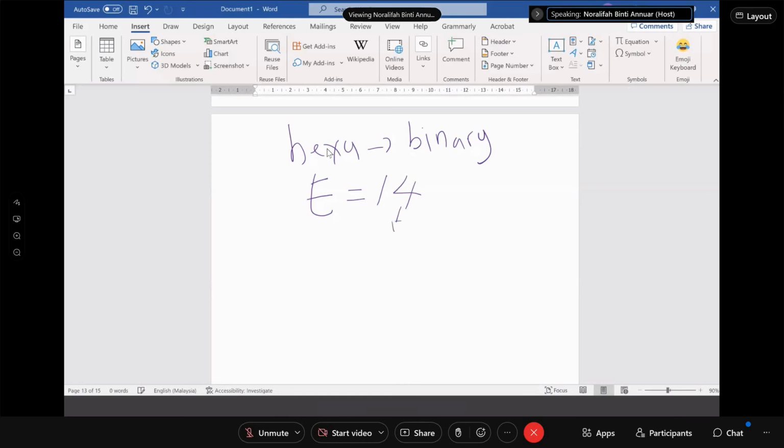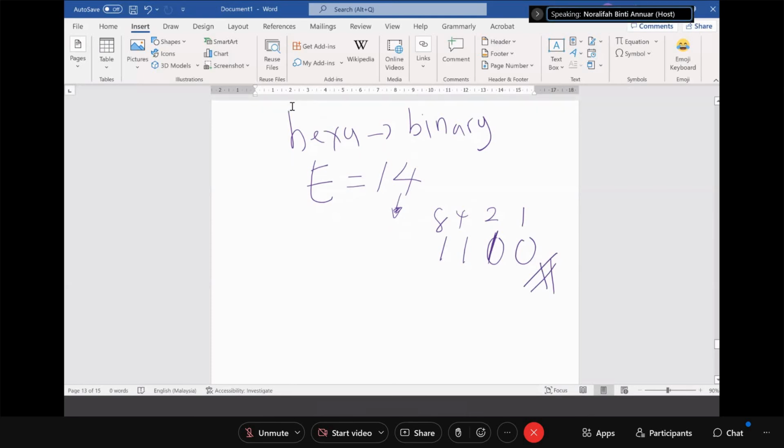You will get method lah you nak divide satu-satu ataupun you just memorize the position. Tadi 1100 kan betul? 1100. 8 tambah 4. 0. So 1110. 8 plus 4 plus 2 you get 14. So the answer is 1110 in binary. So this is how you get the answer.